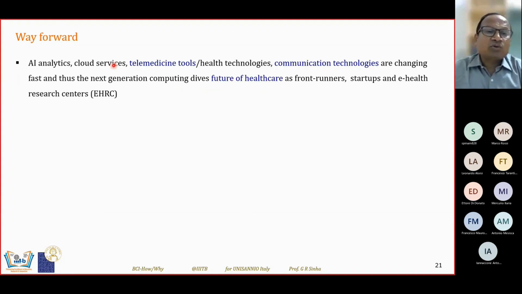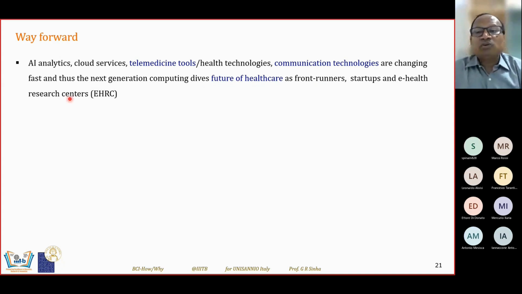AI analytics, cloud services, telemedicine tools, health technologies, and communication technologies are changing fast, and next generation computing devices are the future for healthcare, with front runners being startups and e-health research centers. So healthcare is going to be a front runner area in years to come.